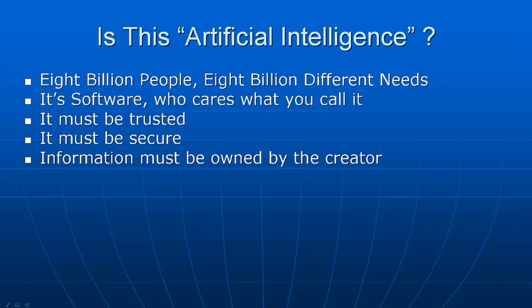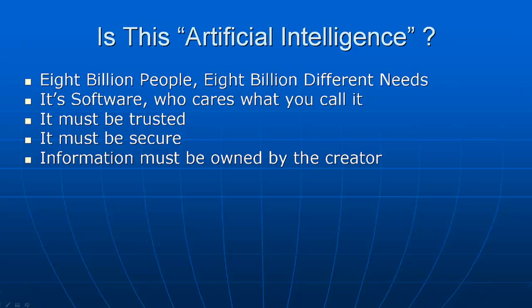And information should be owned by the creator. Right now, it's not. Everything is in proprietary data formats, which means you don't own it anymore. Somebody else took ownership of it and will give it to you only through their product. Word, Excel, Oracle, databases, and every other product out there.